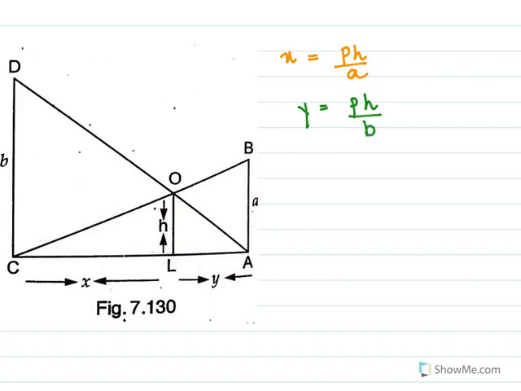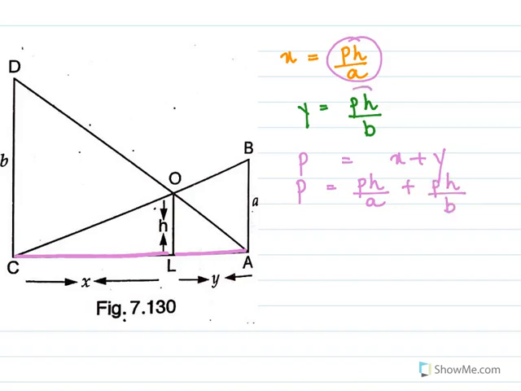In the next step I am going to do P. We know P equal to X plus Y. So P equals, for X I will put PH over A, and for Y I will put PH over B. So we have P, which is X plus Y. I'll take PH common out, 1 over A plus 1 over B. P will cancel.